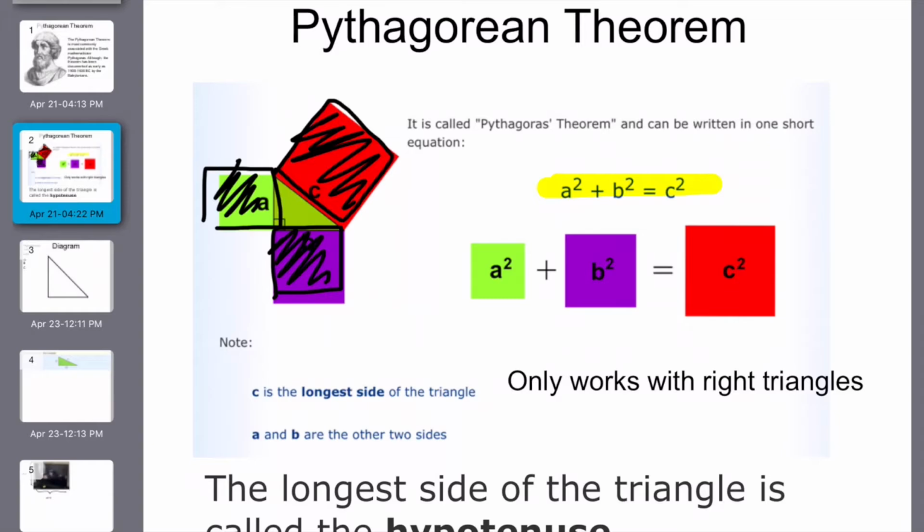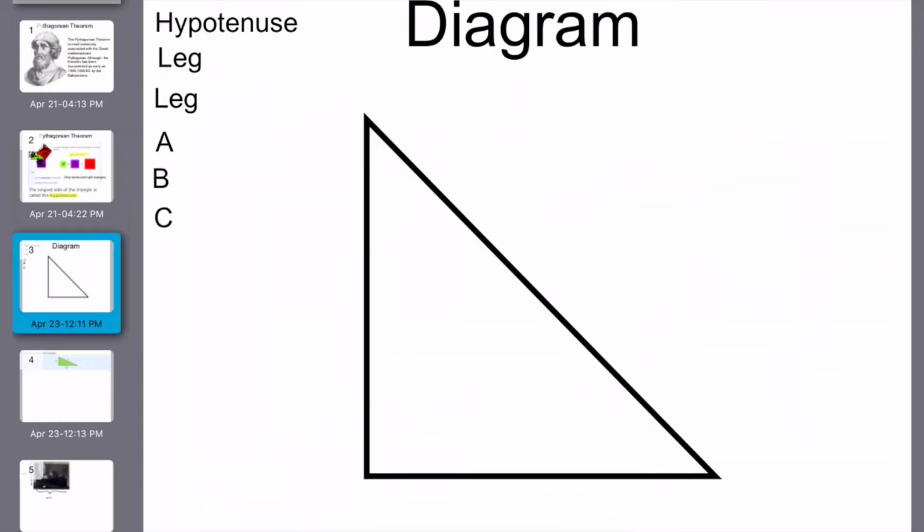So kind of cool. Some other things to note: side c is the longest side of the triangle, and the longest side of the triangle is called the hypotenuse. A hypotenuse is always going to be c, and a and b are the two other sides of the triangle. So let's put a little diagram together here.